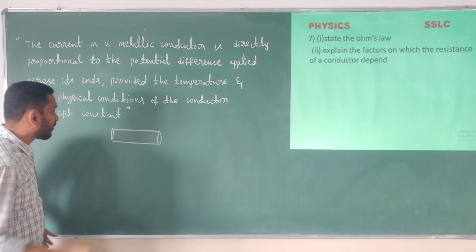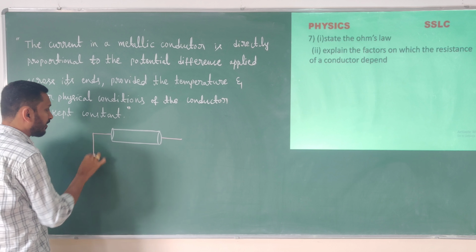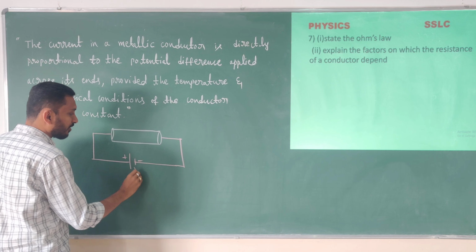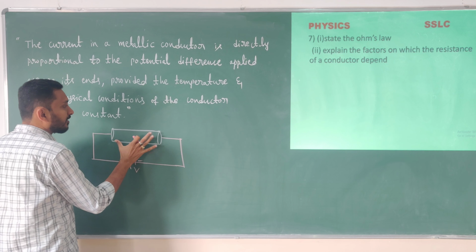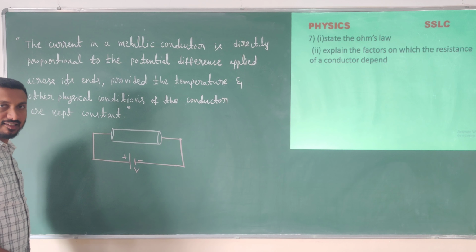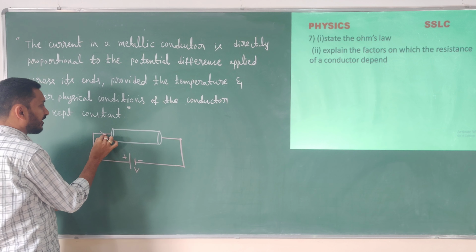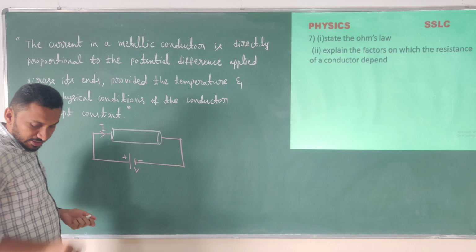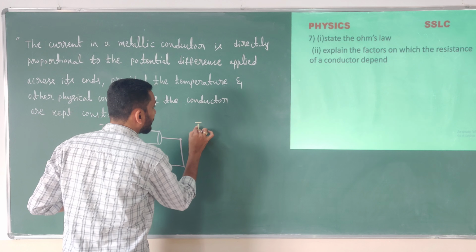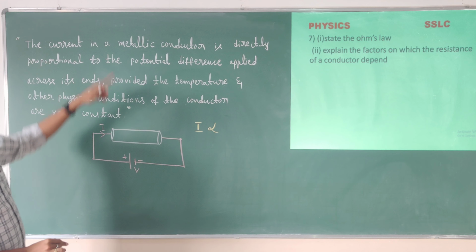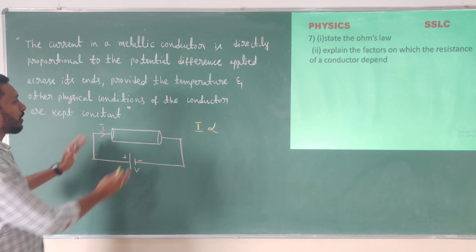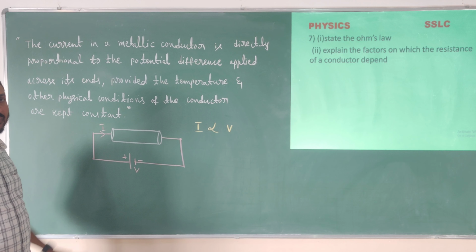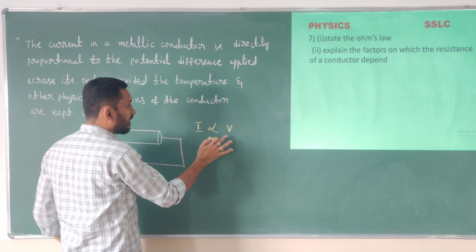If I apply a potential difference, meaning connecting it to a cell or battery, with a positive terminal and a negative terminal, the current flowing through it is I. According to this statement, the current I is directly proportional to V, the potential difference applied across its ends.